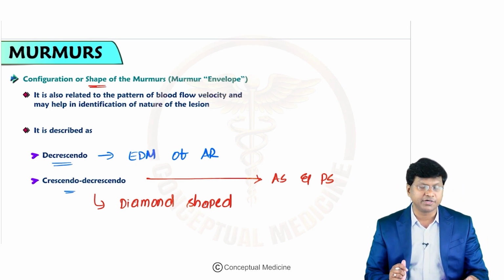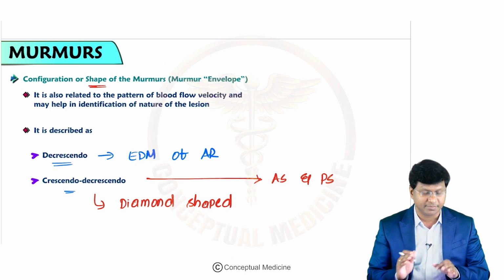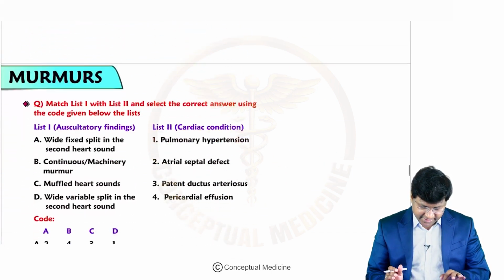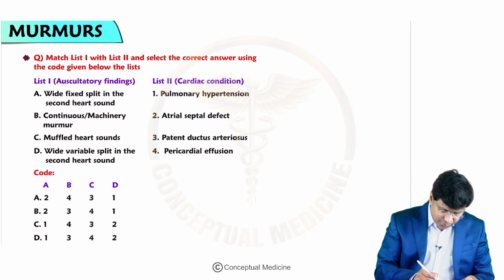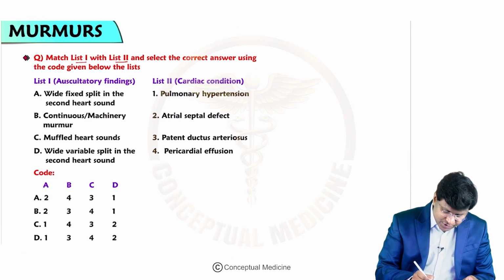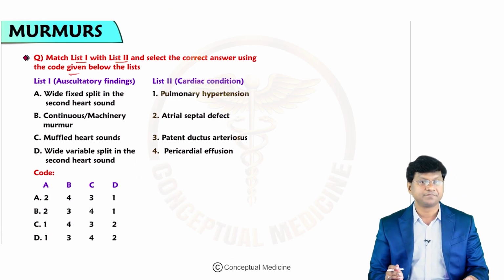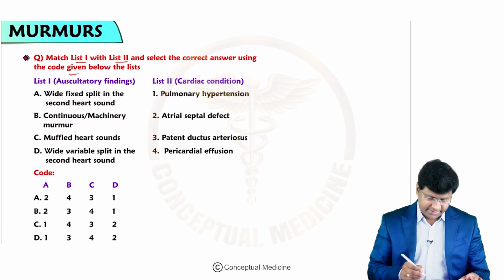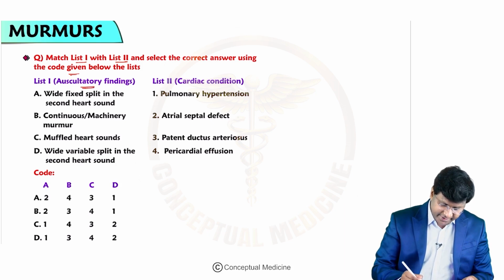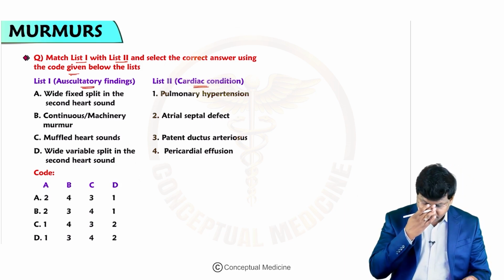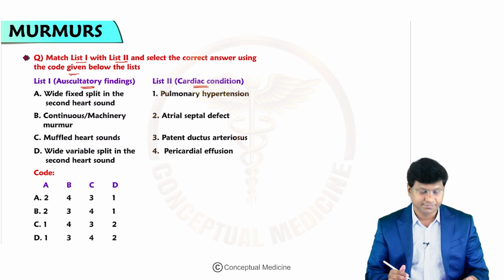I'll show you one important question, like match the following with the murmurs and different clinical scenarios. So you need to match list 1 with list 2 and select the correct answer using the code given below. List 1 tells you about the auscultatory finding and list 2 will be the cardiac conditions.